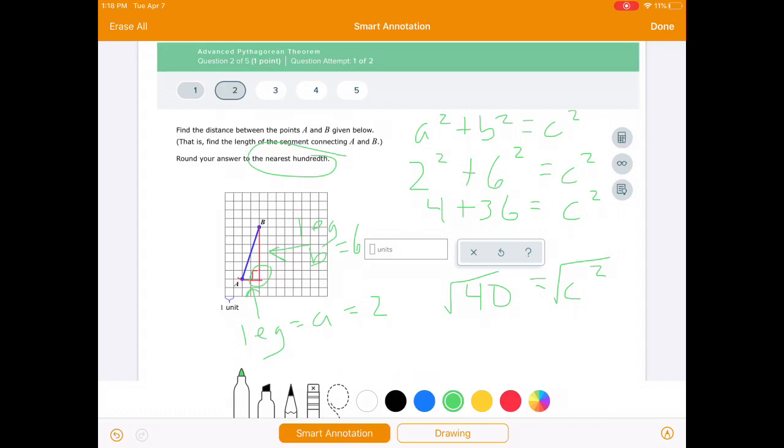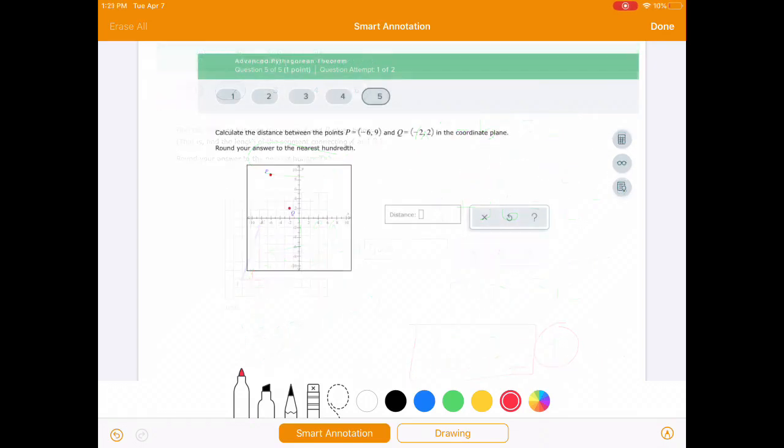So the square root of 40 is 6.324 and then some change. But we look at that 4 to determine what we should do to the 2, which is in the hundredths place. And the 4 is less than 5, so we're going to keep it the same. So our answer here is 6.32.